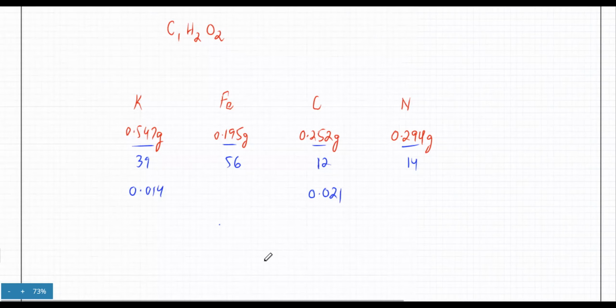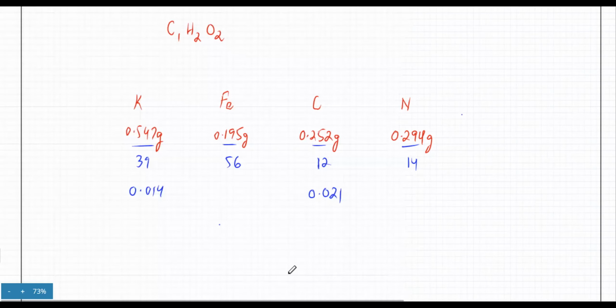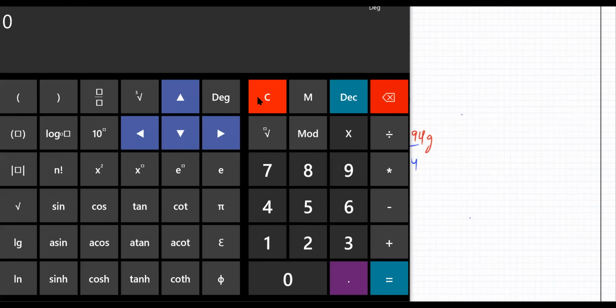मुझे तो सारों पे शक हो रहा है. 0.547 divided by 39 पहले कर लेते हैं. अच्छा 39 है, sorry. So that is 0.014. That's fine. Iron is 0.195 divided by 56. तो 348 आ रहा है, 0.00348.